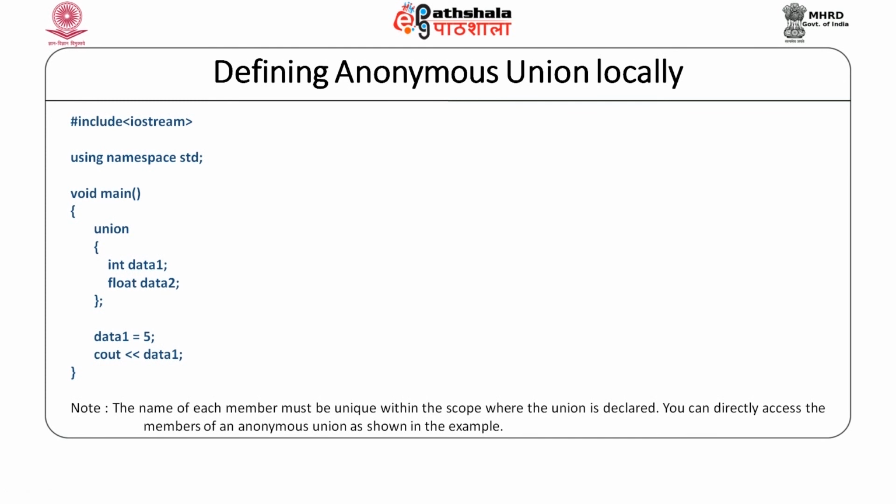What is the scope in which the union has been defined? Here we are defining the union in the function main. So, the scope of the union is this function main. Within the main function, these data names must be unique, otherwise there will be an ambiguous situation which the compiler will not be able to resolve, and therefore the compiler would not allow you to have names of these union members which are not unique.